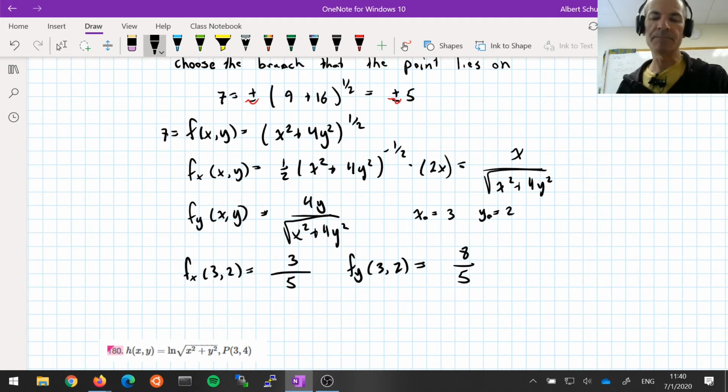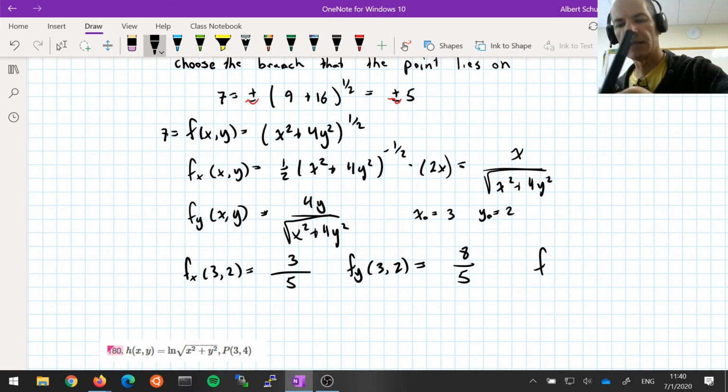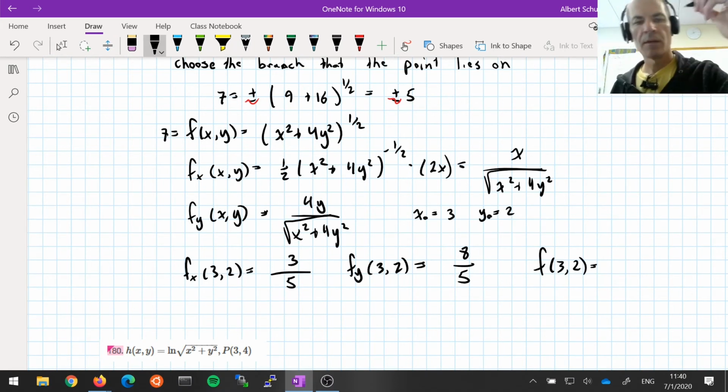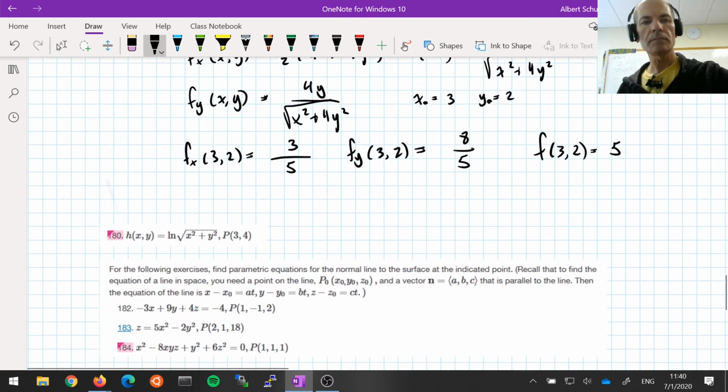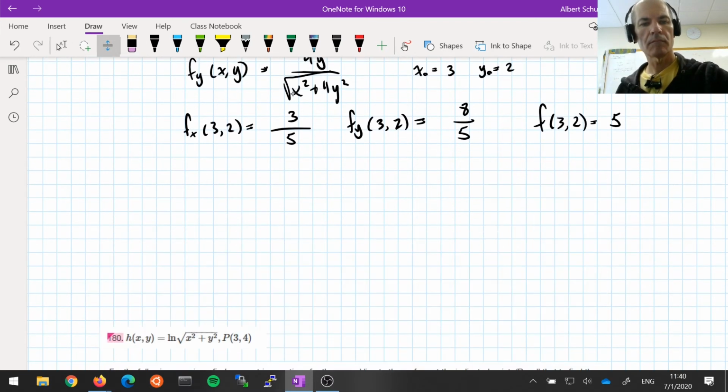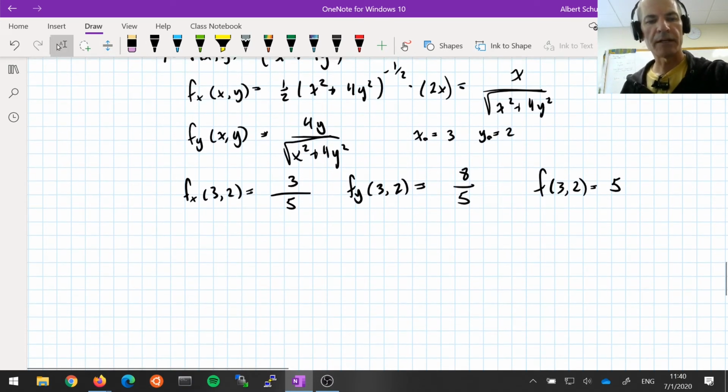So now we've got the values of the partials at the point of interest. Don't forget we also need f at the point of interest. What is it, 3, 2? f at the point of interest is simply 5. And now we're ready for the plane.